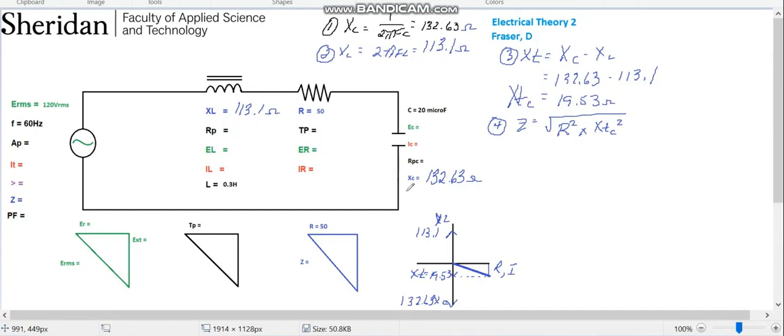If I do that, I end up with 53.678 ohms for total impedance.